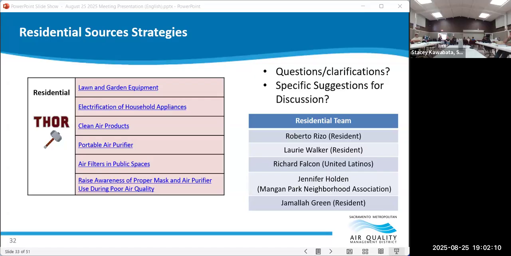Barry, I will pass it to you to voice your question or concern, and I'm gonna be taking notes on our poster board paper up here. So even though many people cannot see this, that's more of a reason for me to say what we're doing. So questions and clarifications are gonna go in blue. Recommended amendments to incorporate into the next edition will go in purple. And then brown is for anything else that comes up that I need to note that doesn't fall into those categories. So Barry, to you.